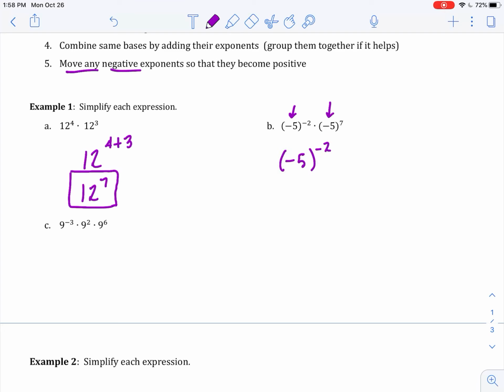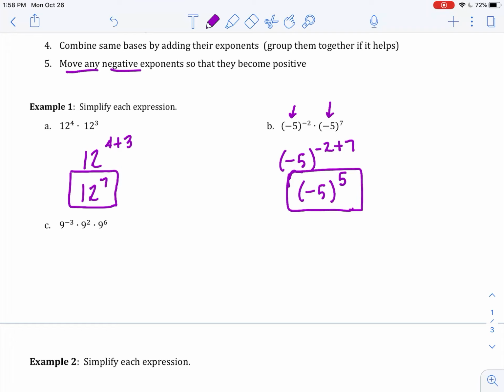Add up the exponents. We have a negative 2 plus 7. That's going to give us a negative 5 to the positive 5 as the exponent, because negative 2 plus 7 is positive 5. And I don't expect you to expand it out. I mean, you could take your calculator out and ask what negative 5 to the 5th power is, but we can leave it with the exponent attached to it.